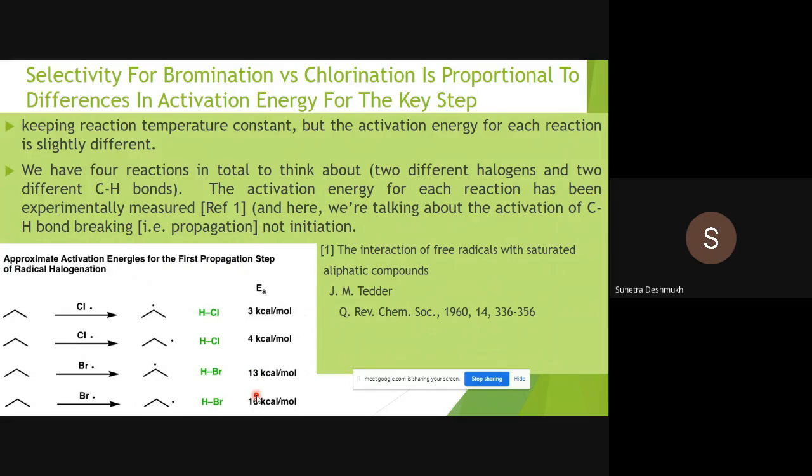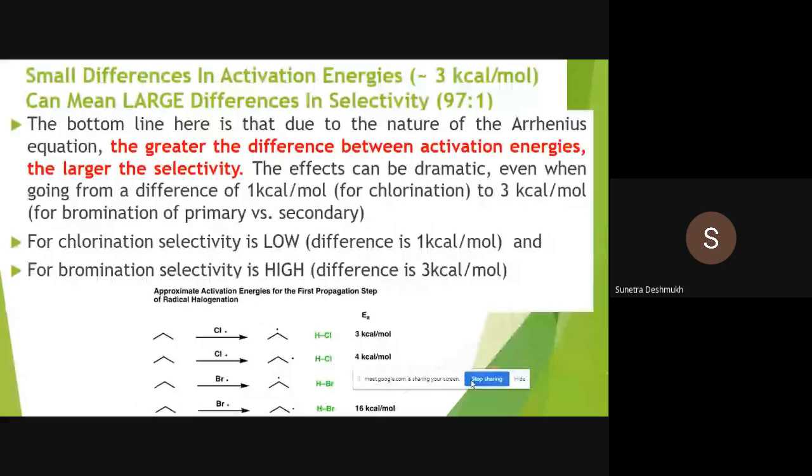The K step of the reaction is nothing but the CH bond breaking, the propagation stage. And everything lies in the difference in energy of activation. In chlorination the difference is only 1 kilocalorie per mole, and in bromination it's 3 kilocalorie per mole. So we can correlate this difference in energy of activation with the selectivity of the reaction.